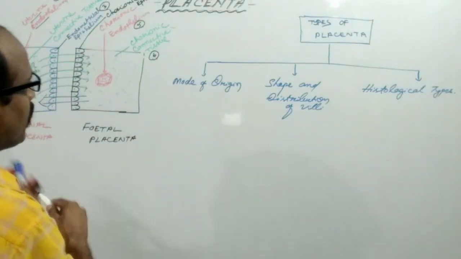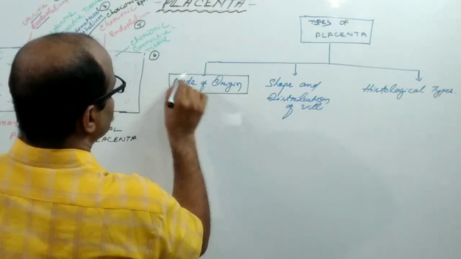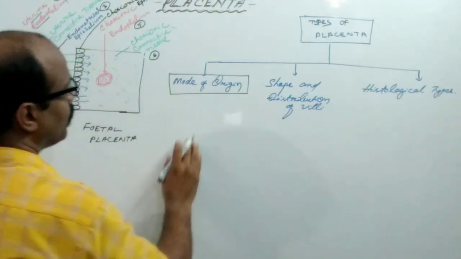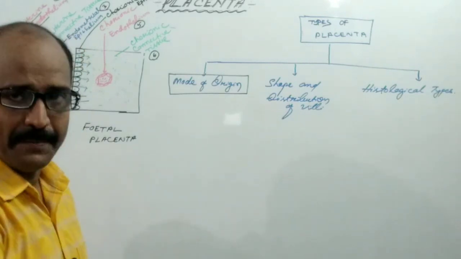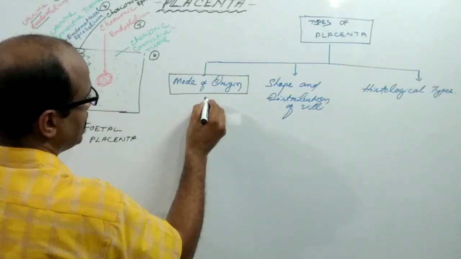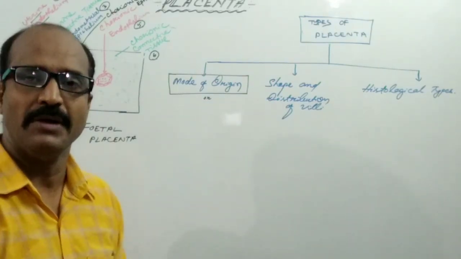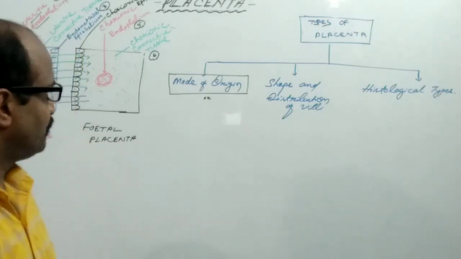Now come to the mode of origin. As you know, each fetus has four extra embryonic membranes. At the time of origin of placenta, some of these membranes are involved.